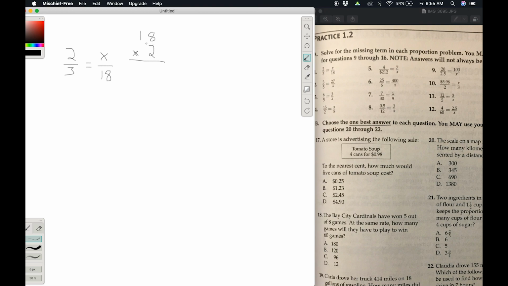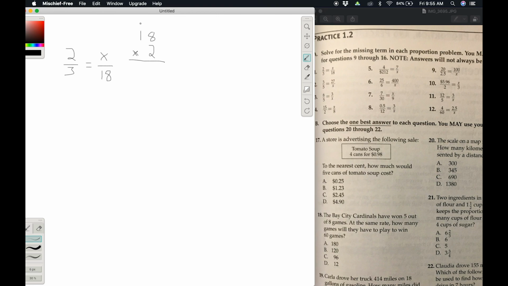I'm writing this one out so you can really see how the process goes, but I won't be doing that on all of them. I'll just be like, okay, 2 times 18 is 36, and then divide it by 3, which should be 12. And then that would be our answer, 12 over 18, which will help it go quicker, but this is basically how you can write it out.